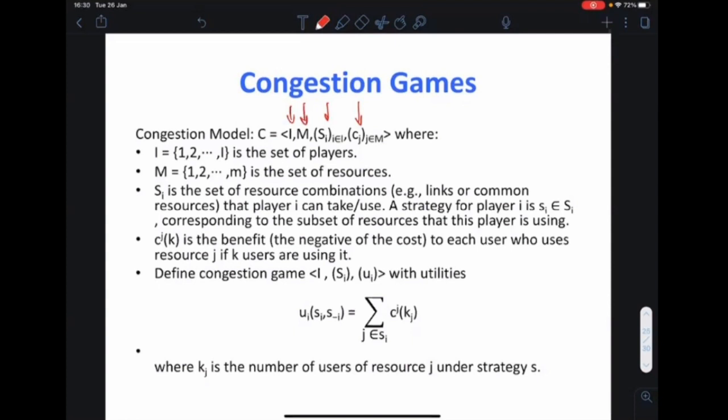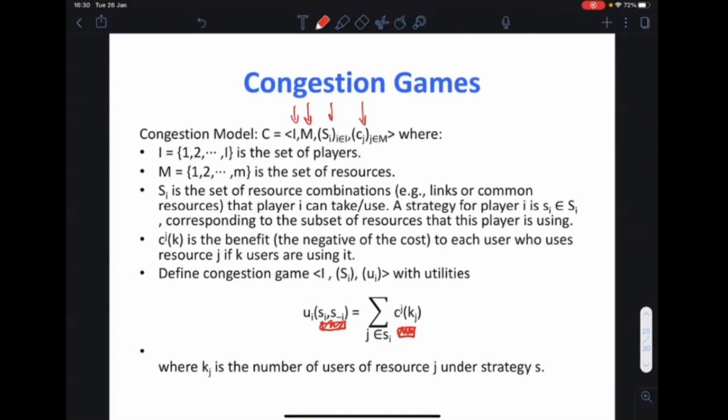But how exactly is this utility going to be calculated? It is really based on the joint strategy for all the drivers, all the players. And this is a summation of the delays, or the negative of the delays, across all the resources this user i has chosen.